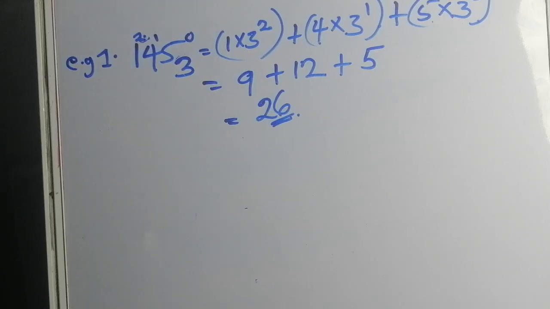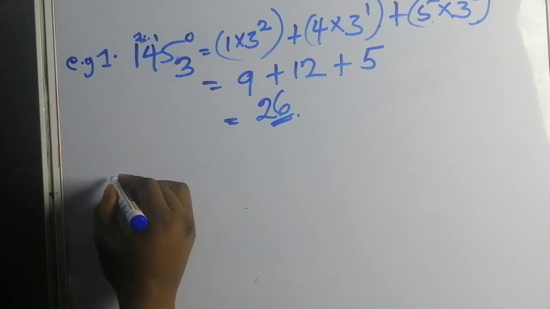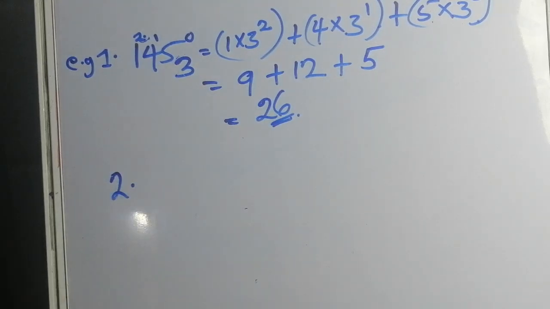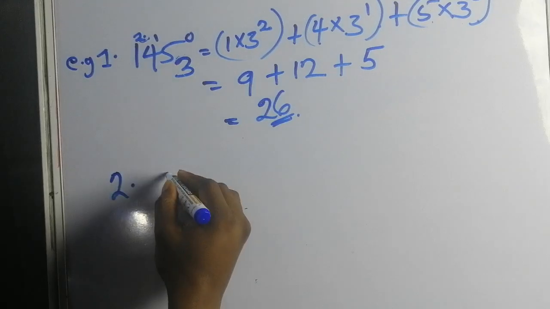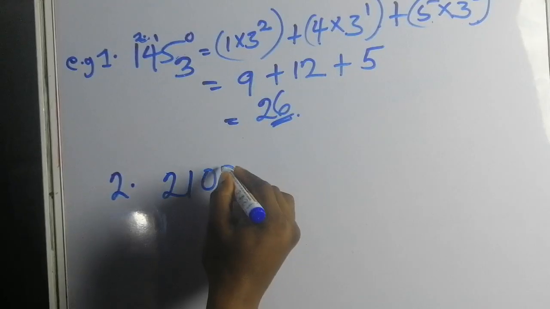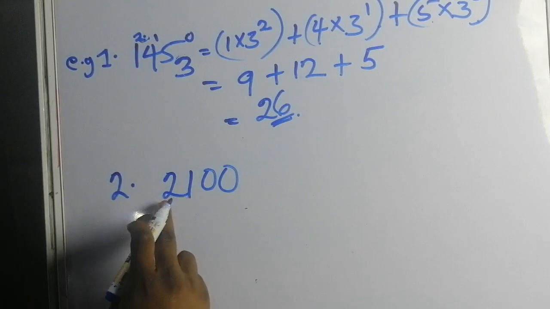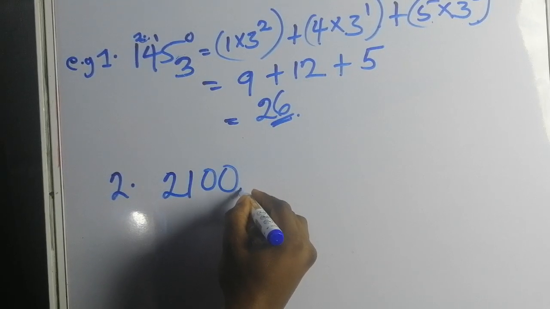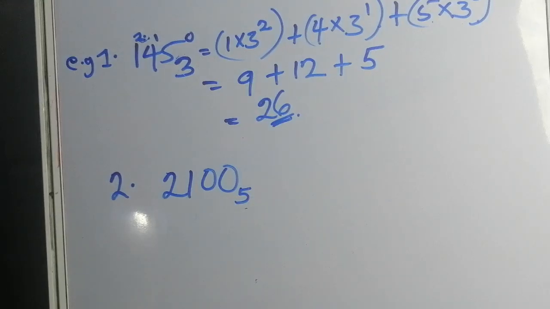So I can also say that yes, we have something like this. Let's say example 2. Let me just give an example. If we have, let's say, 2 1 0 0, and we have base 5, that's example 2.